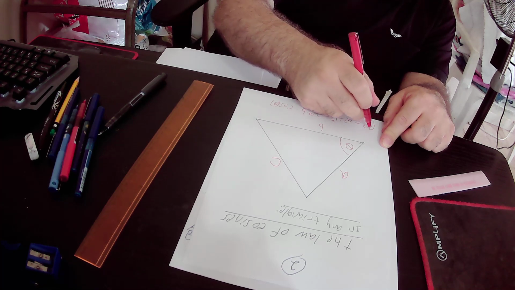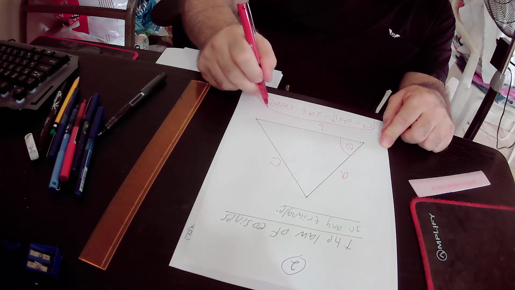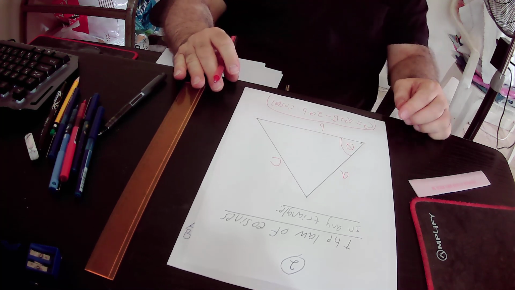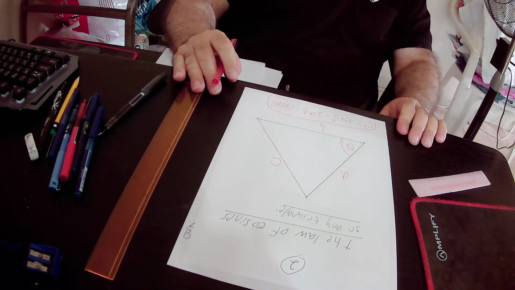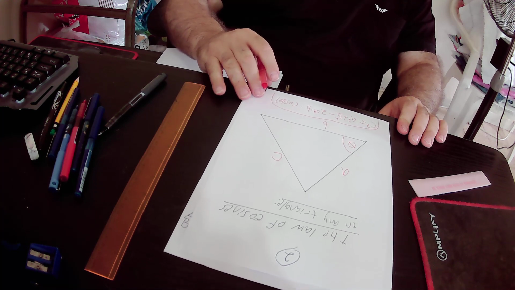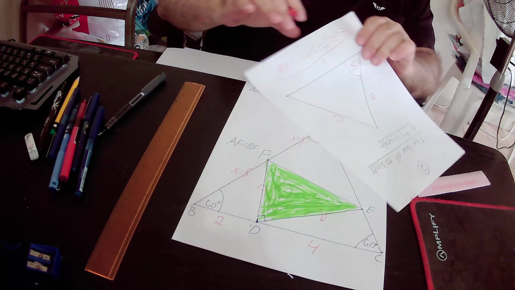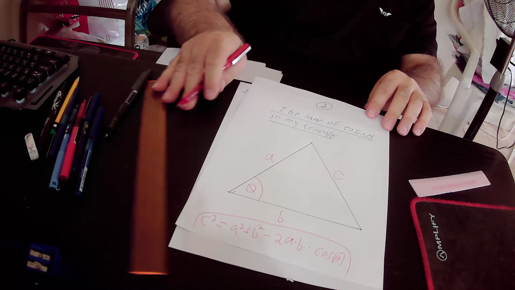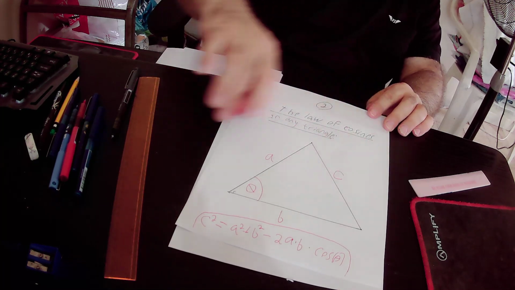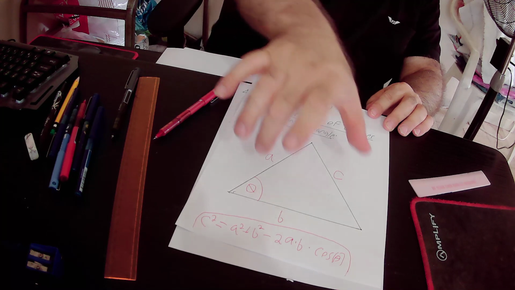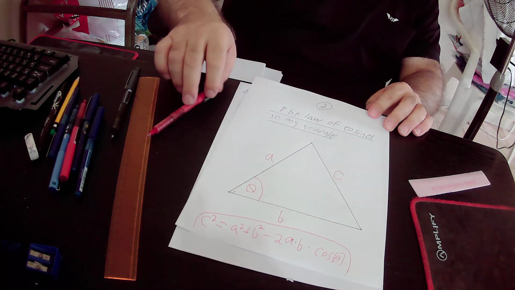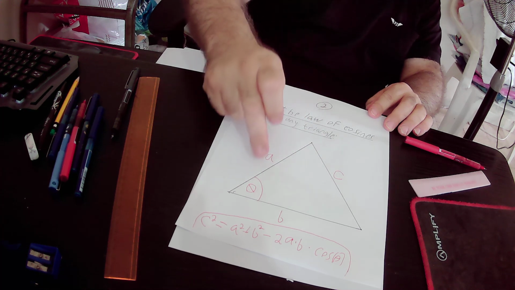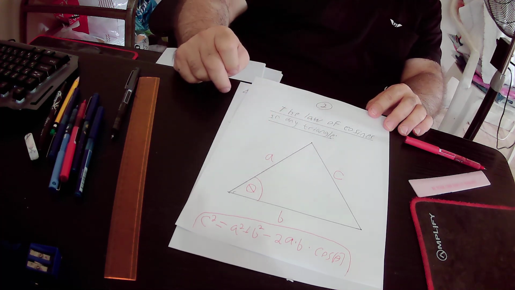Okay, again, according to the law of cosines, C squared equals A squared plus B squared minus 2 times A times B times cosine theta.